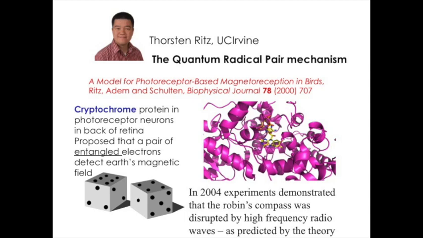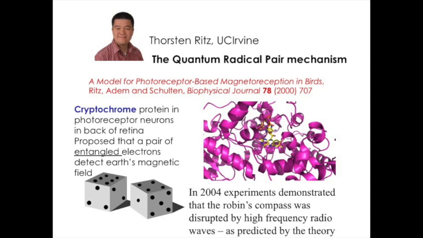Now, what do we mean by that? So what he proposed was that the compass is based on the generation in cryptochrome of a radical pair.